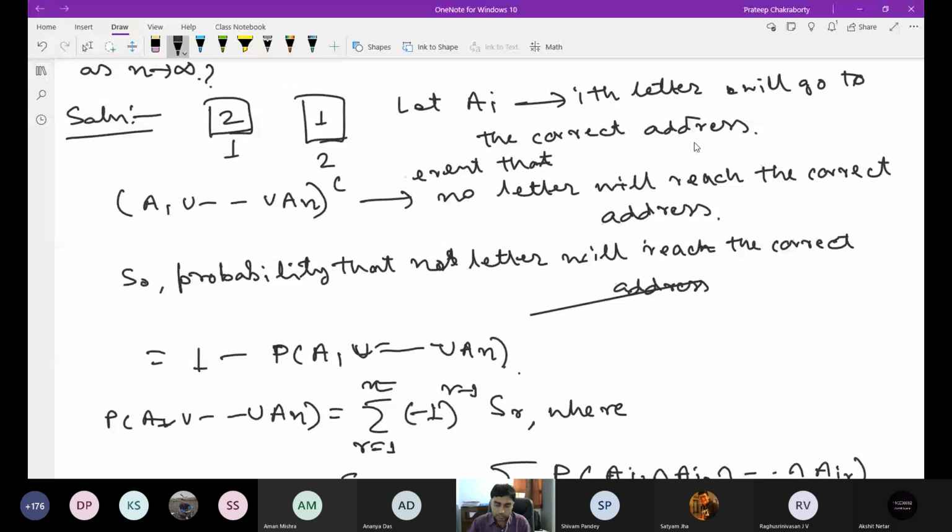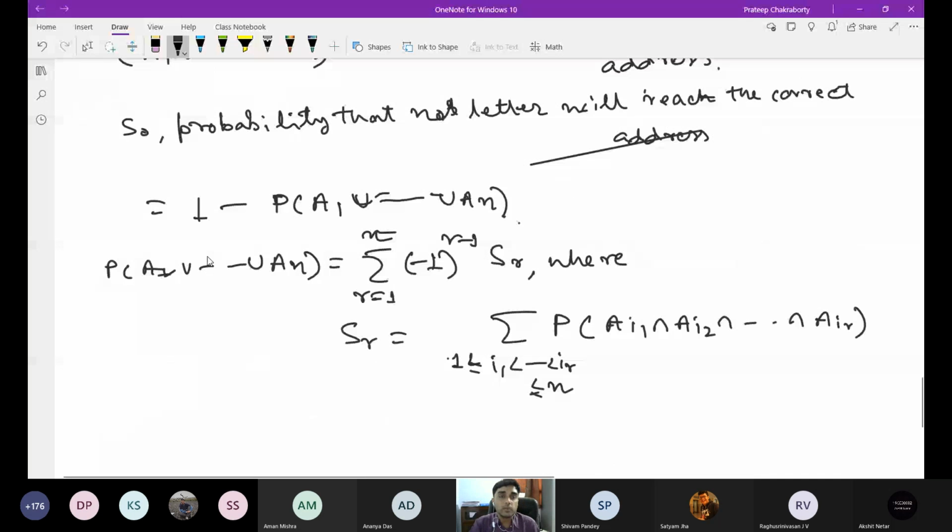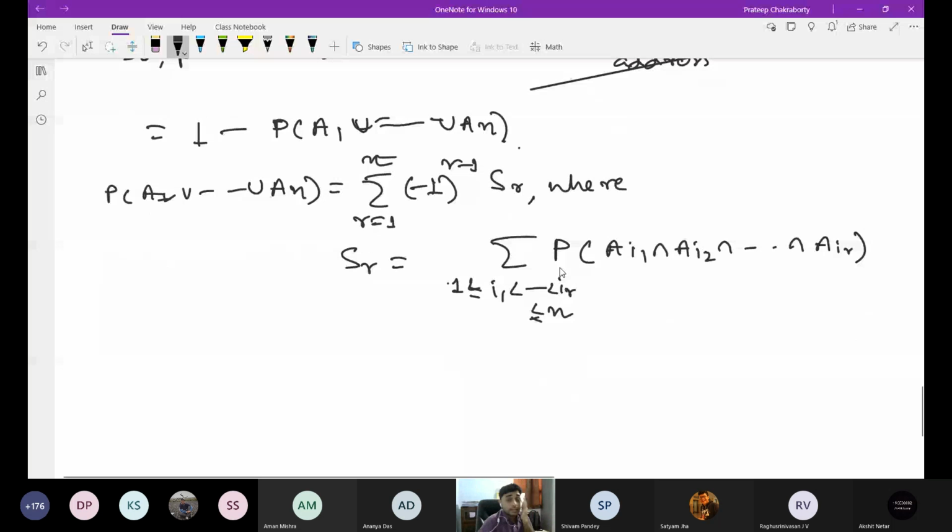So we want the complement of that, which will be no letter will go to the correct address. So this is 1 minus P of A1 union AN, and P of A1 union AN equals summation r equal to 1 to n of minus 1 power r minus 1 into SR, where SR is this. So now tell me what is the SR?